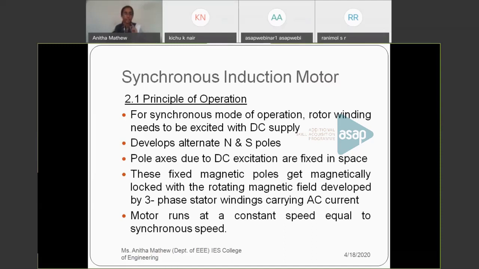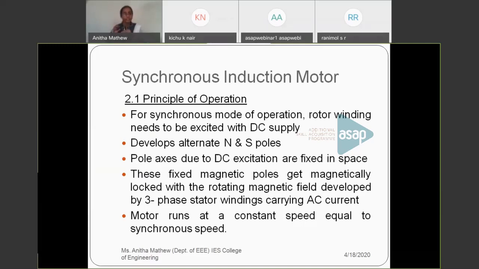Okay, is it clear? At the first, means at starting, three-phase supply is applied to the stator, and it will produce a rotating magnetic field as in the induction machine, and we are exciting the rotor with a DC supply.